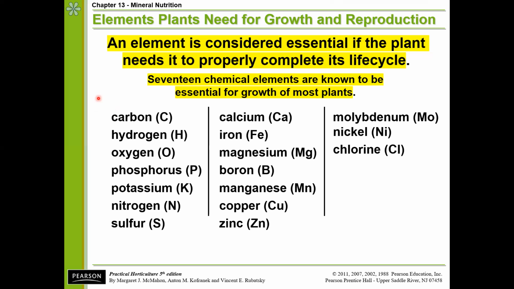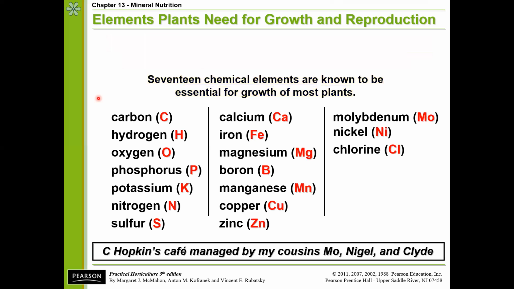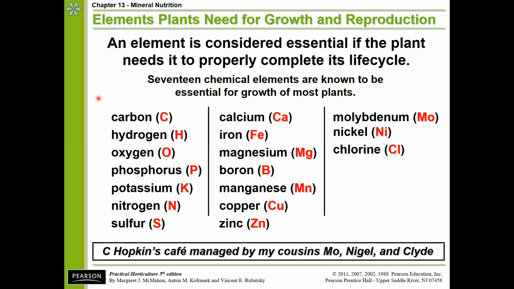There's a little mnemonic device here to help you remember those. C. Hopkins Cafe, managed by my cousins, Mo, Nigel, and Clyde, referring to carbon for C. Hopkins is hydrogen, oxygen, phosphorus, potassium, nitrogen, and sulfur.